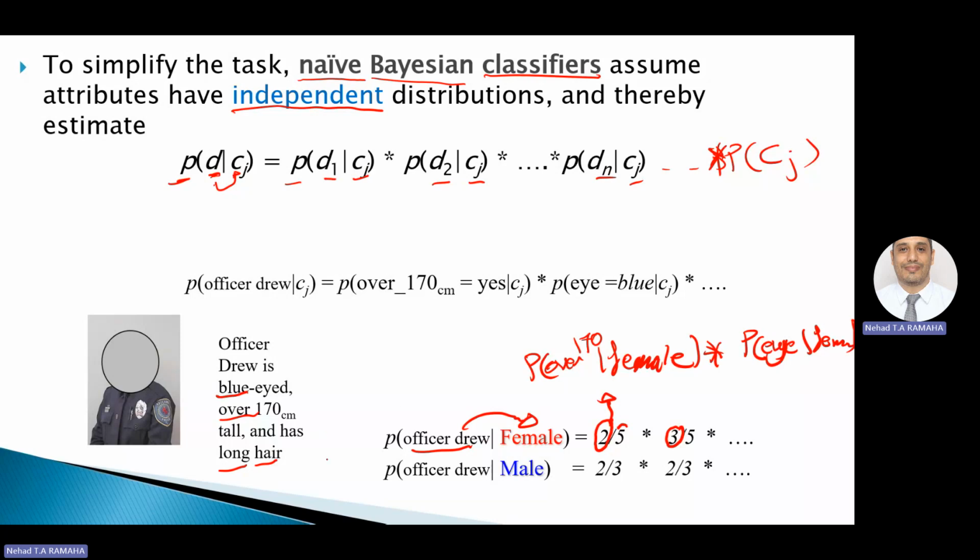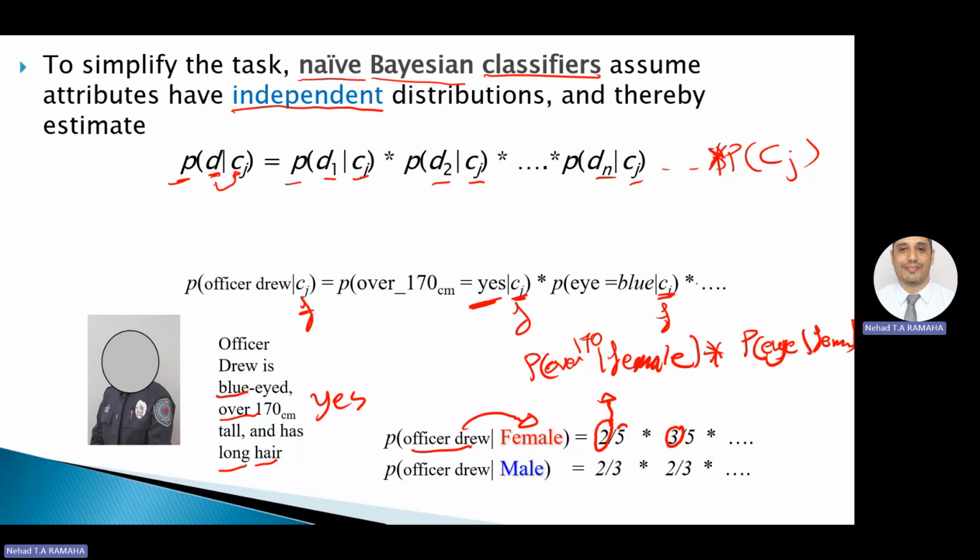We give you some feature data. So the probability of over 170, yes, and female. Here, over 170 equals yes, with what's the category? Female.